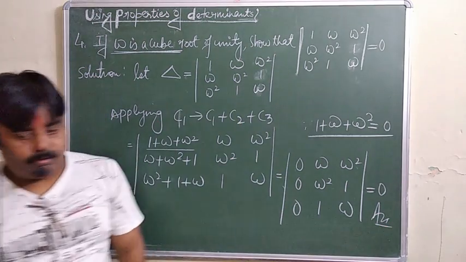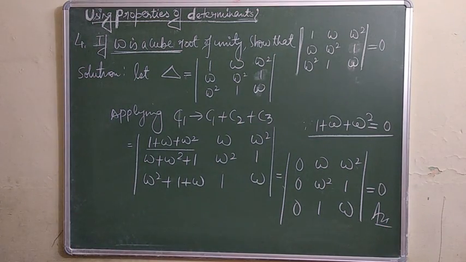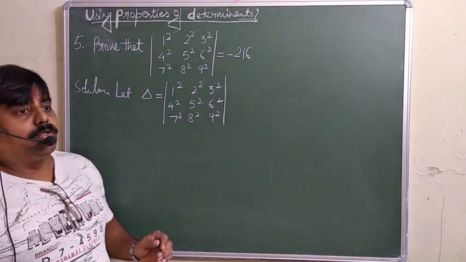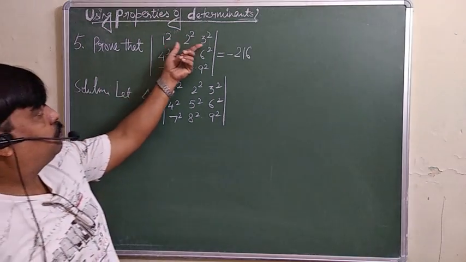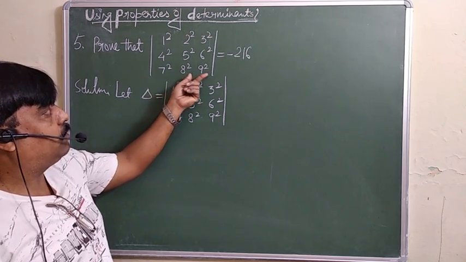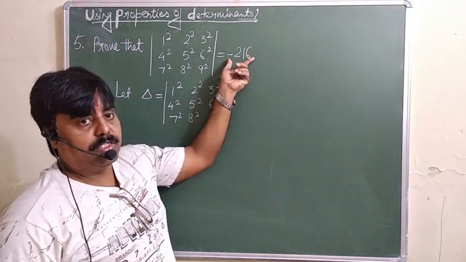Have a look at this one. Now the question is, prove that the determinant with entries 1 square, 2 square, 3 square, 4 square, 5 square, 6 square, 7 square, 8 square, 9 square is equal to minus 216.